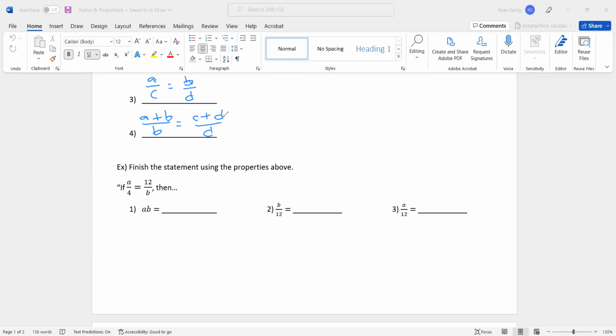I'm going to use my property of fractions, which says that A plus B over B, I could rewrite as A over B plus B over B. Common denominator, I'm separating the fraction, right? Well, then what's B over B? That's just 1.